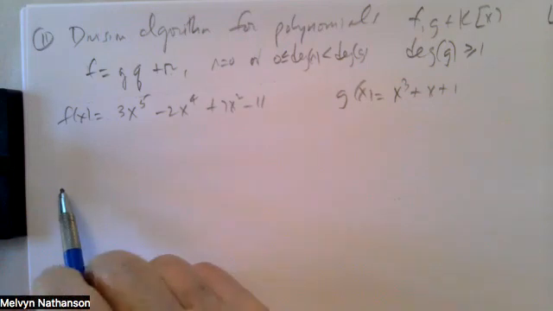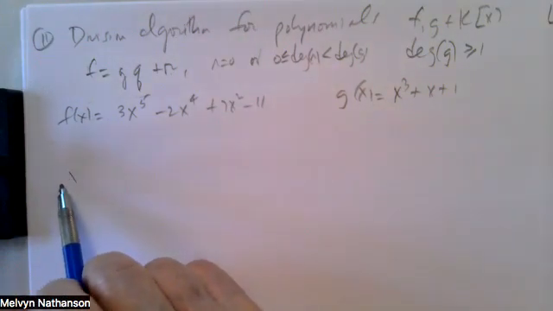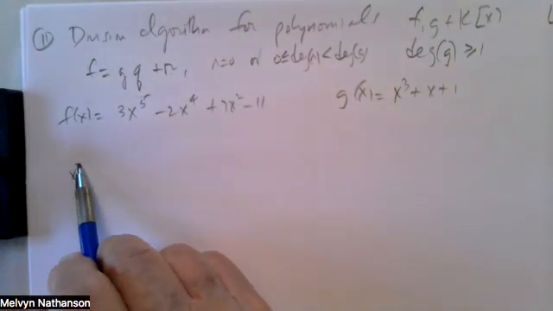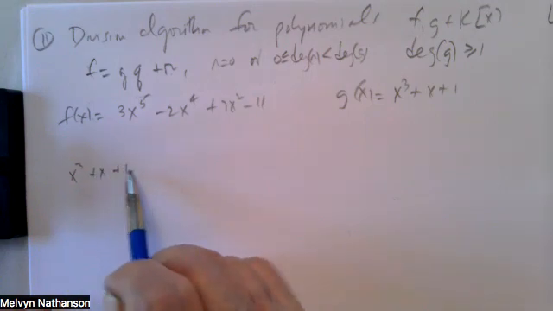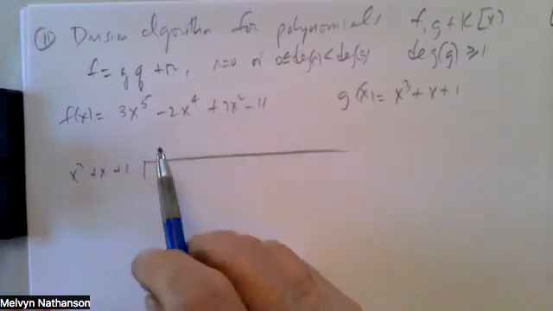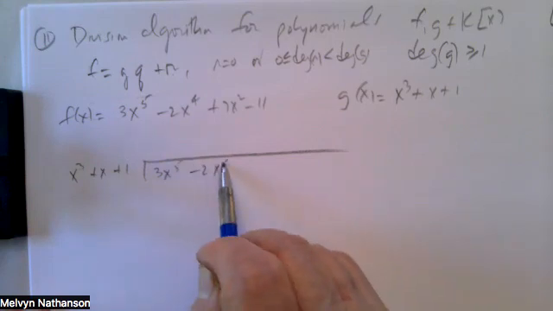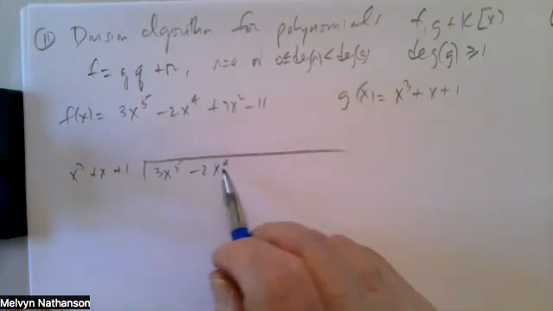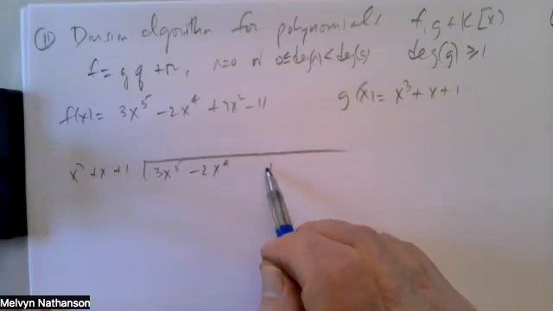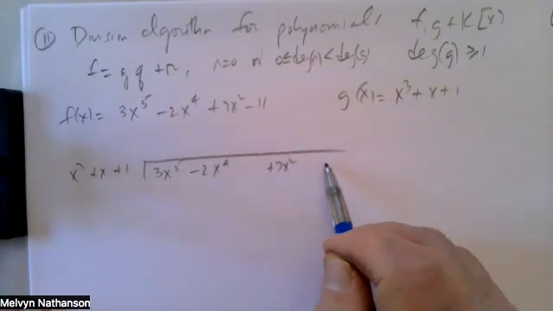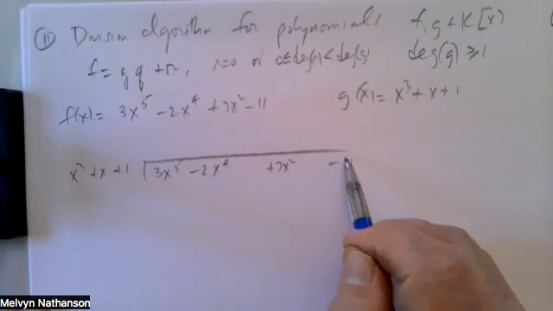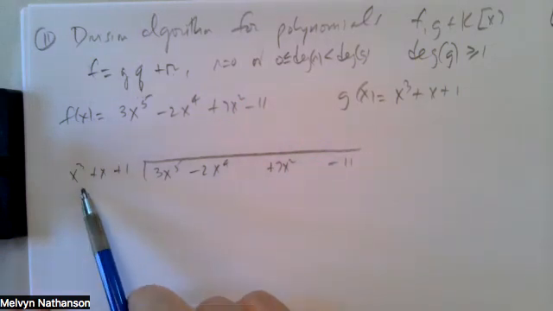So how do we do that? Well, it's long division. Divide g into f. X cubed plus x plus 1 divided into 3x to the 5th minus 2x to the 4th, I'll leave a space for a cubic term, plus 7x squared, leave a space for a linear term, minus 11.